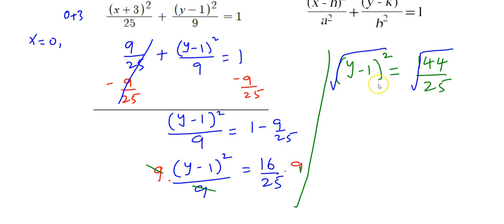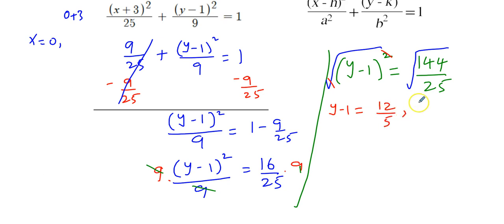The square root cancels off on the left hand side. Y minus 1 is equal to the square root of 144, which is 12, over the square root of 25, which is 5. That is a positive value and a negative value. We have positive and negative square roots, right? So y minus 1 equal to 12 over 5, then add 1 on both sides.